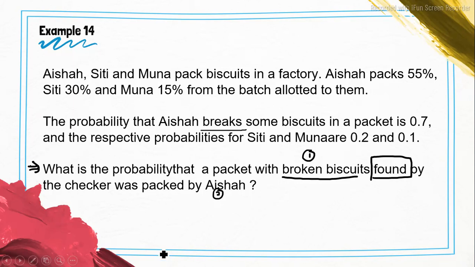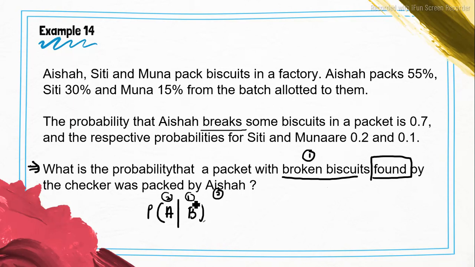Okay, so maksudnya macam mana ni? So this is your first event. The broken biscuit is your first event. And then found by checker was packed by Aisyah. So ini adalah event yang kedua. So kalau saya nak tulis, saya akan buat P A given B. So because this is your second event and this is your first event.